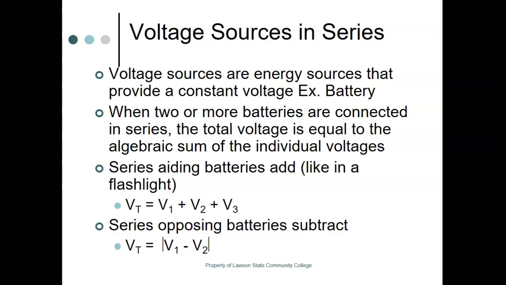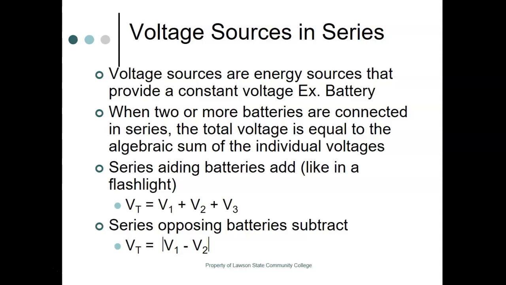Does that make sense? So voltage in series. Voltage sources are energy sources that provide a constant voltage. When two or more batteries are connected in series, the total voltage is equal to the sum of the individual voltages. There's two ways we can add batteries together. So how many of y'all have remotes at home?